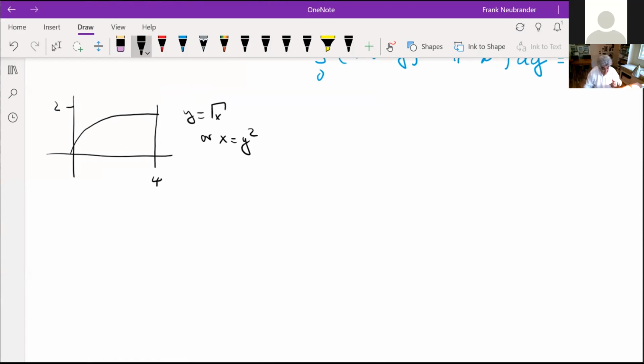I take this curve and look at this region. But now I rotate it about the line y equal to -4.